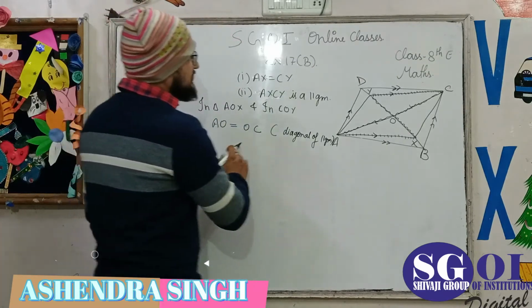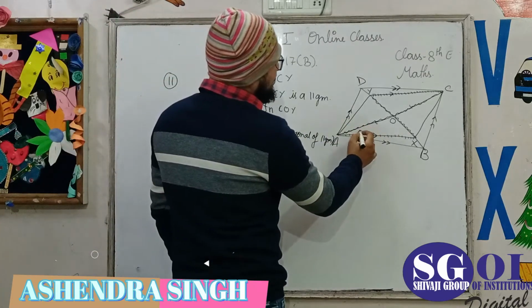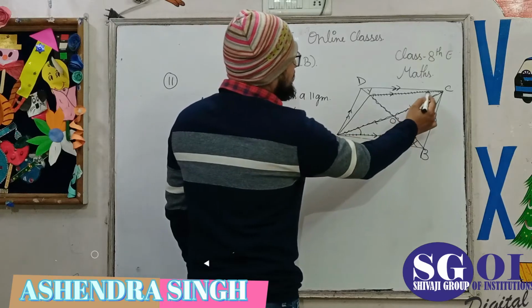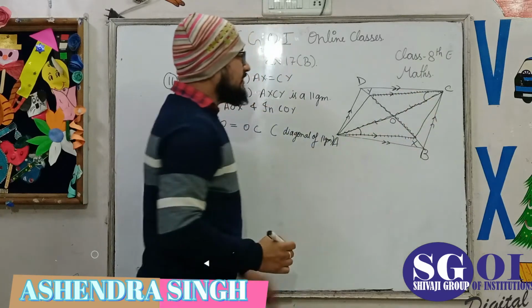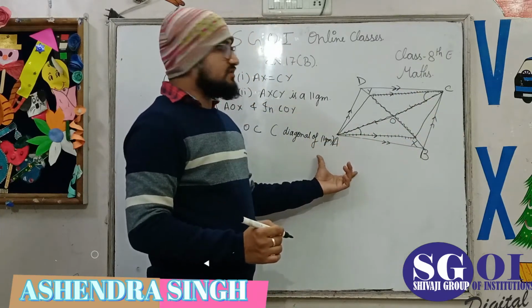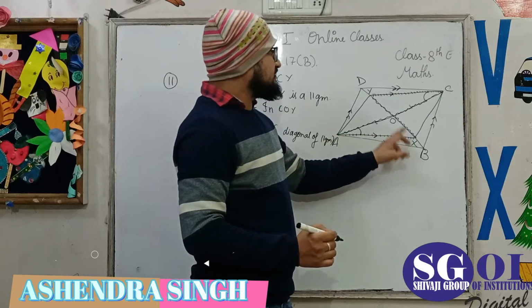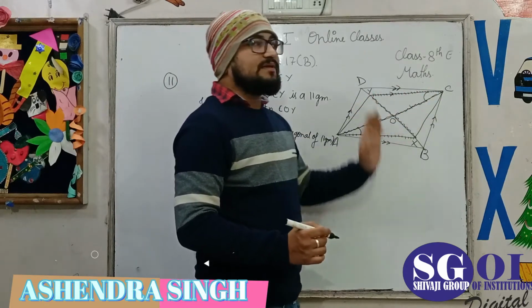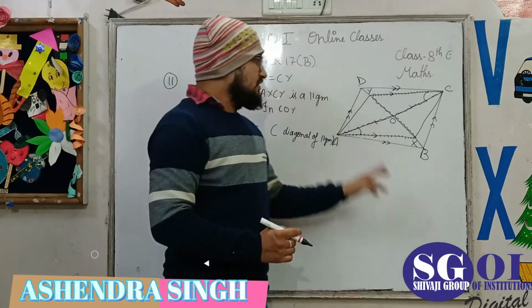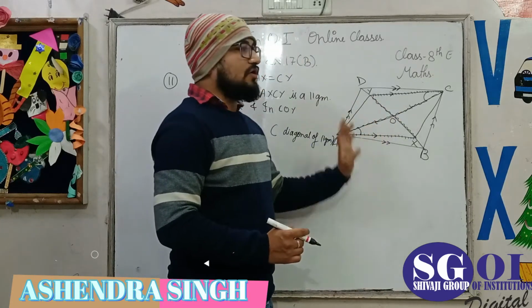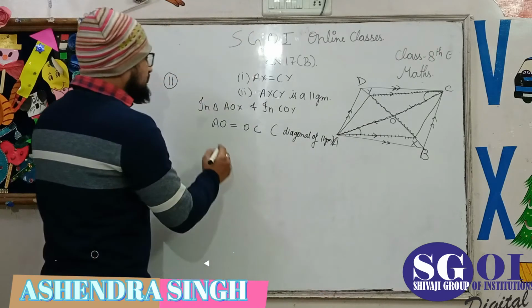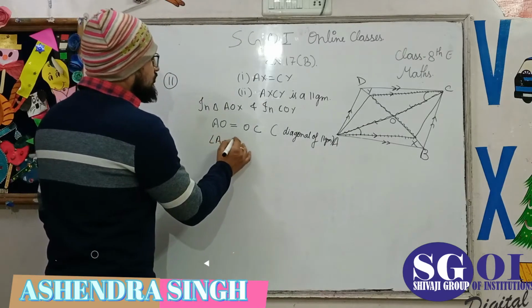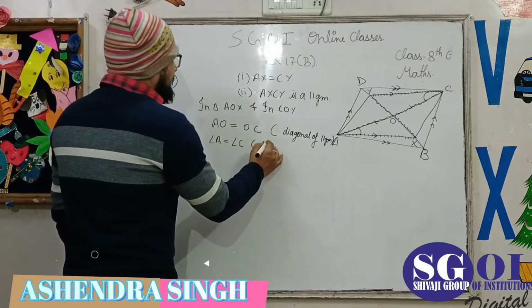Next thing is, we can clearly say this angle will be equal to this angle. Why? Because in the question they have also given that this AX line is parallel to this CY line, and therefore this AC will be acting as a transversal. So these two angles will be alternate angles. So you will be saying angle A is equal to angle C, alternate angles.